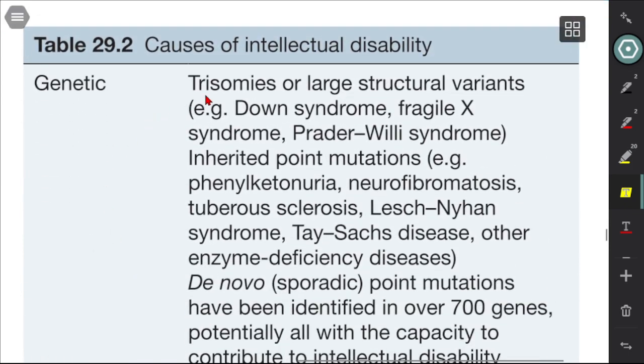Trisomies, or large structural variants like Down syndrome, Fragile X syndrome, Prader-Willi syndrome. We have inherited point mutations like phenylketonuria, neurofibromatosis, tuberous sclerosis, Lesch-Nyhan syndrome, Tay-Sachs disease, other enzyme deficiency diseases.